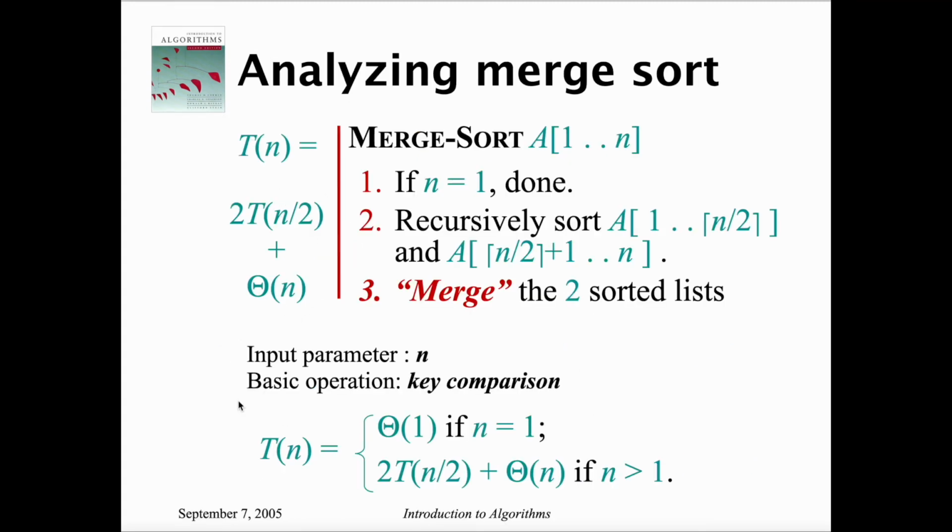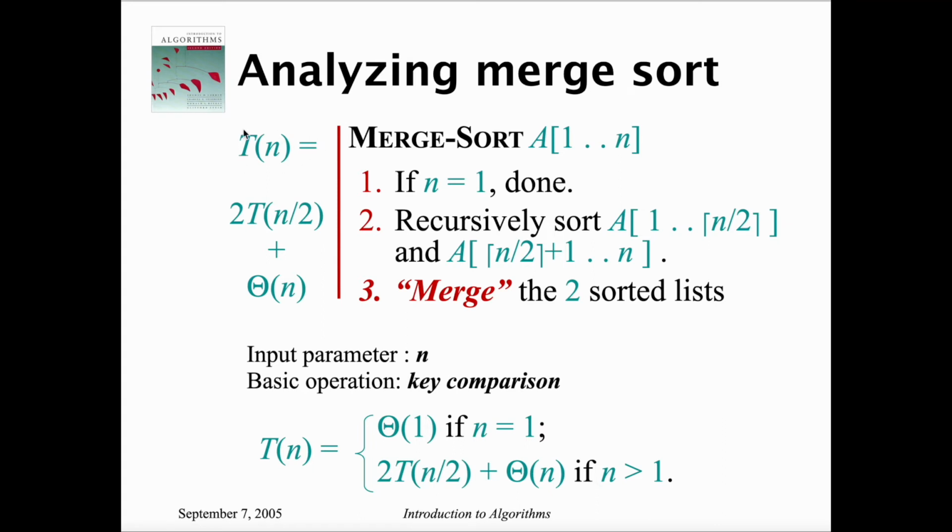So yeah. So how can we analyze merge sort? Again, we still count the total number of key comparisons. But instead of setting up a summation, we set up a recursive relation for the running time. Okay? So how can we set up a recursive relation for the running time?